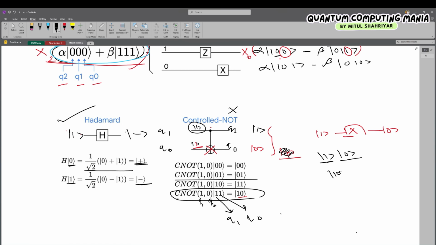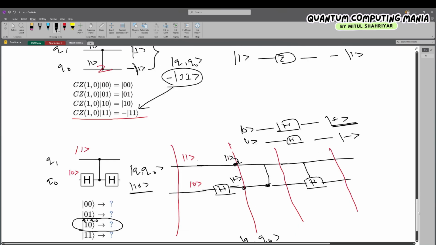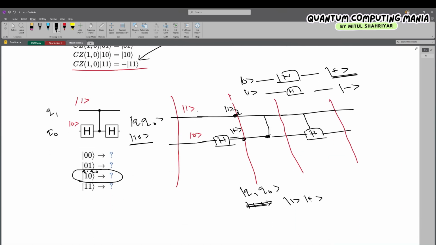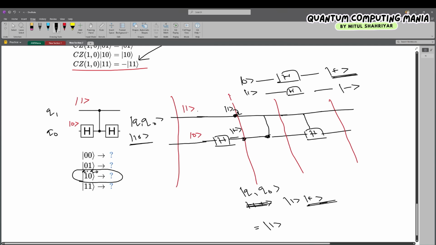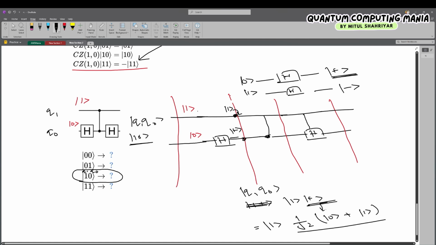But in general, these are exactly the same. Now what we are understanding by this is, this means basically 1 by root 2 and 0 plus 1. Yeah, this is what this means, right?